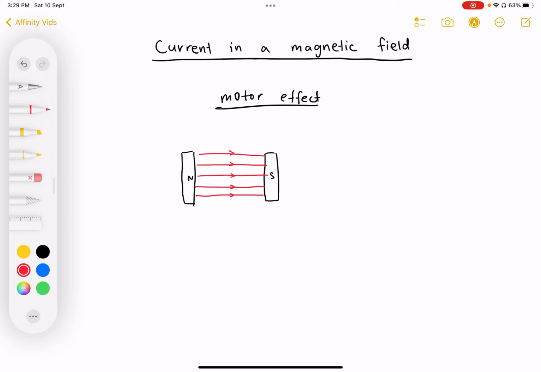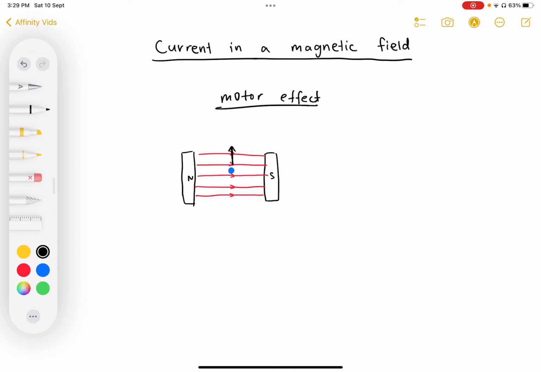But let's say we want to put a current inside this magnetic field. Let's say we have a current over here. This current is going to feel a force on it, and it's going to either move up or down depending on the magnetic field and the current.